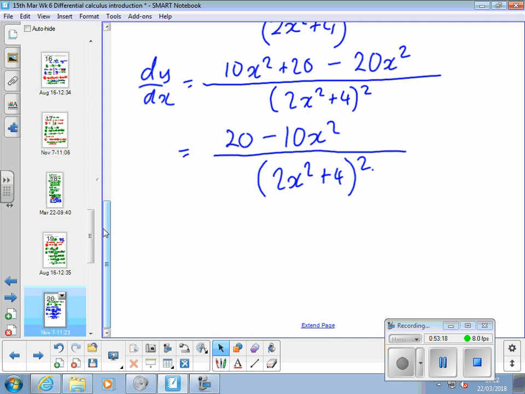And then the question is saying, let x equal root 3.